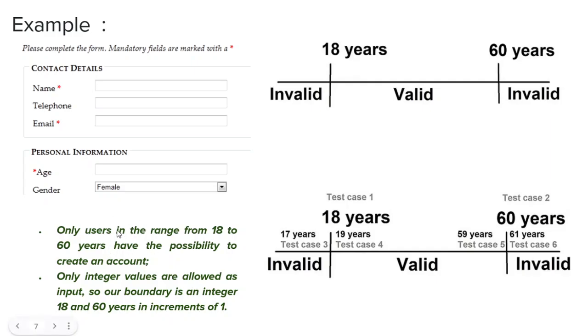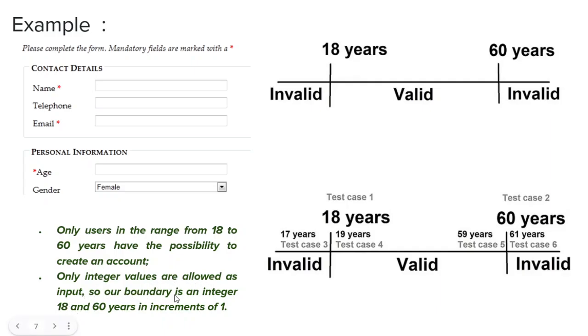Only users in the range from 18 to 60 years have the possibility to create the account. It is valid for users whose age is within 18 to 60 years, including 18 and 60. Only integer values are allowed as input.